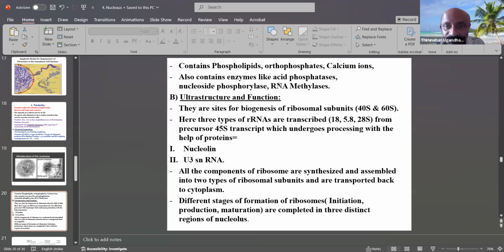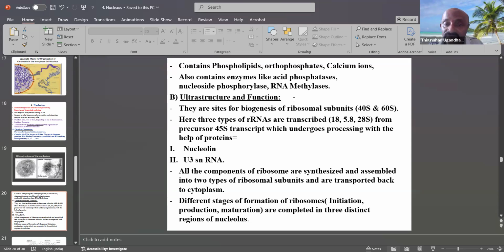It also contains enzymes like acid phosphatase, nucleoside phosphorylase, and RNA methylase. These are the enzymes present in the nucleoplasm. This nucleoplasm is important for the metabolic activities of the nucleus, its structure and function.